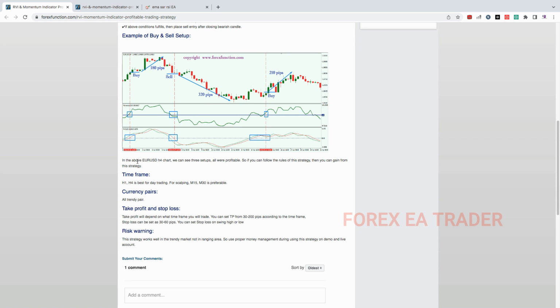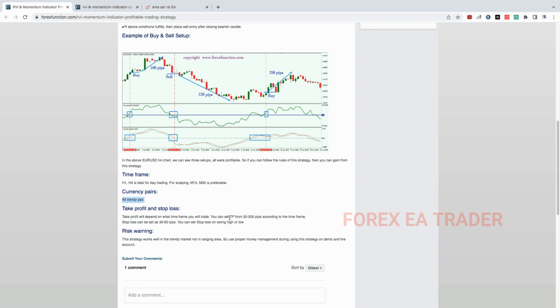Then in the above EURUSD H4 chart, we can see, okay, so they use it on the H4 time frame. H1 or H4 is best for day trading. For scalping, it's M15 and M30. Okay, so you decide whether you want to use your robot for day trading or for scalping. Okay, currency pairs, they say all trending currency pairs.